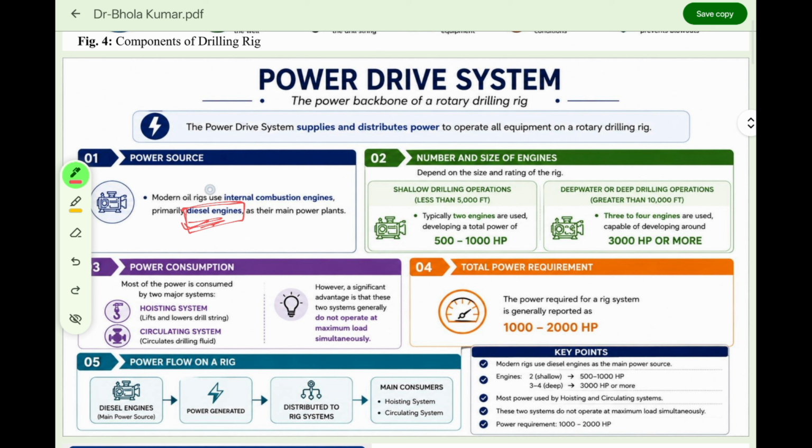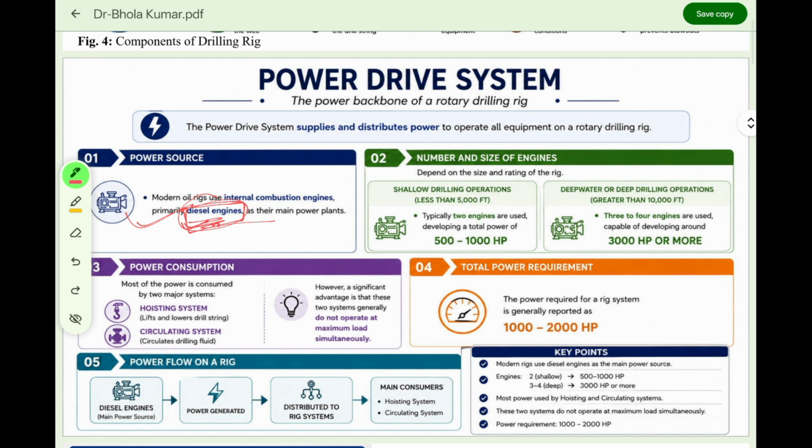In the modern era, power is supplied using the power drive with an internal combustion engine working on the four-stroke cycle. We don't have to jump into the diesel engine part.